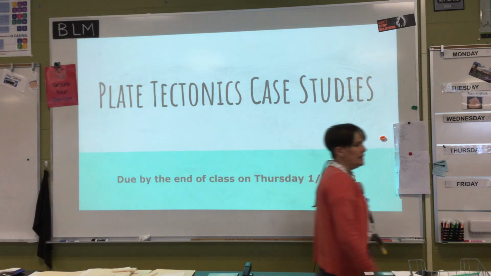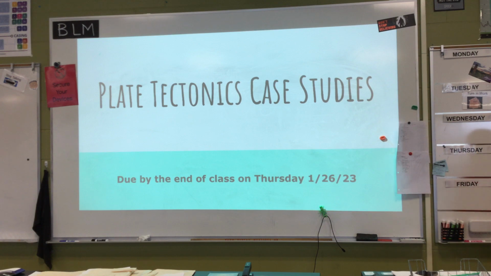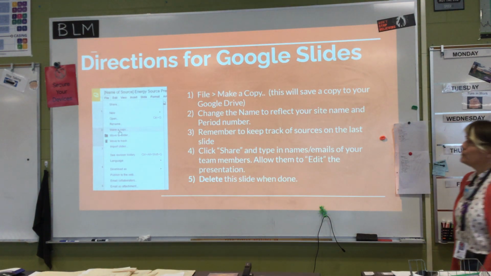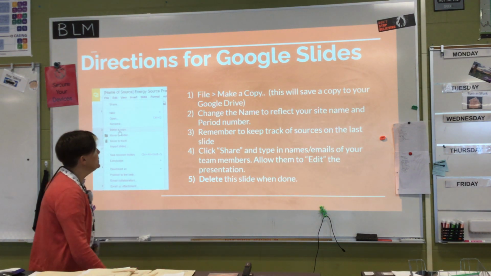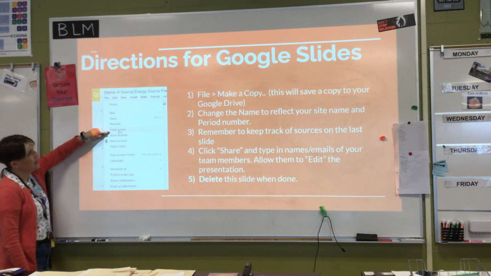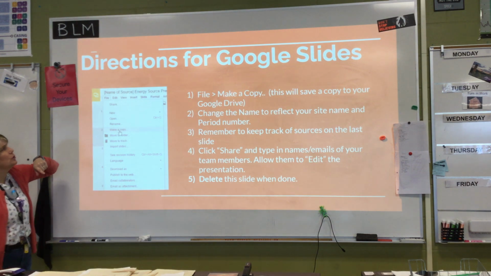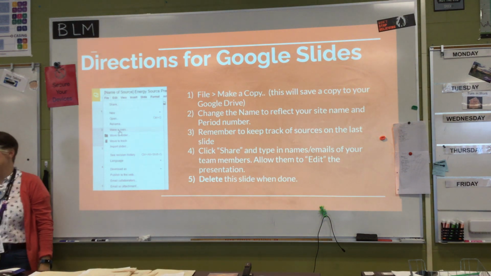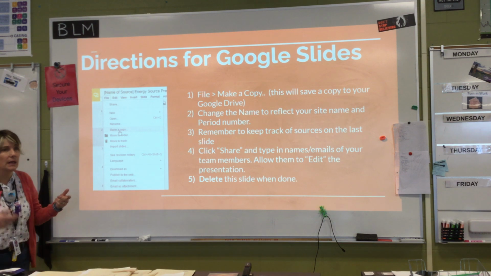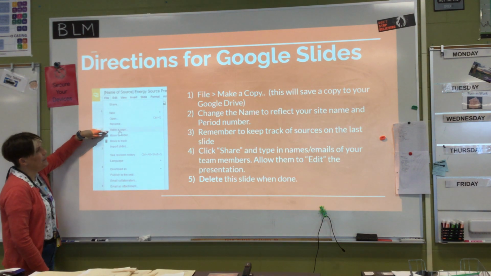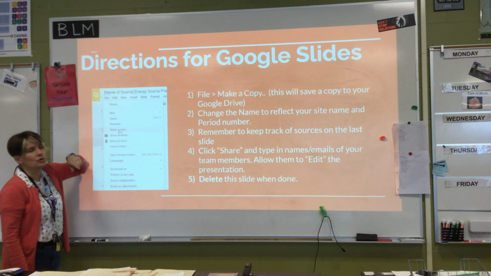All right, let's look at what it is you're doing. Directions for Google Slides. You're going to open up the Google slide, make a copy. I've showed you where that is. This will save a copy to your Google Drive. So you're only view only. So don't say, Miss McGrain, I can't, blah, blah, blah. You can open it, but you just have to make a copy of it and save it to your Google Drive.